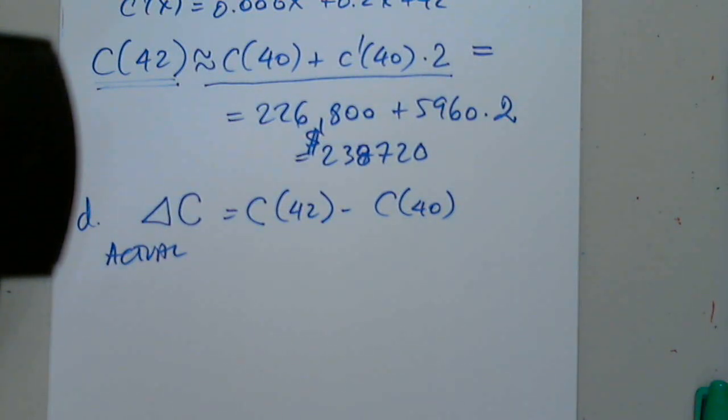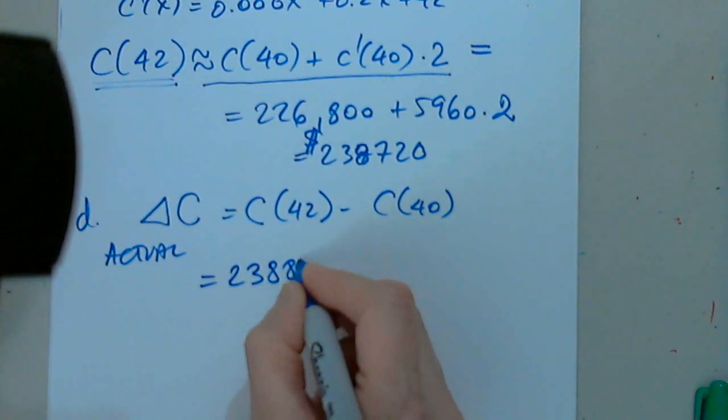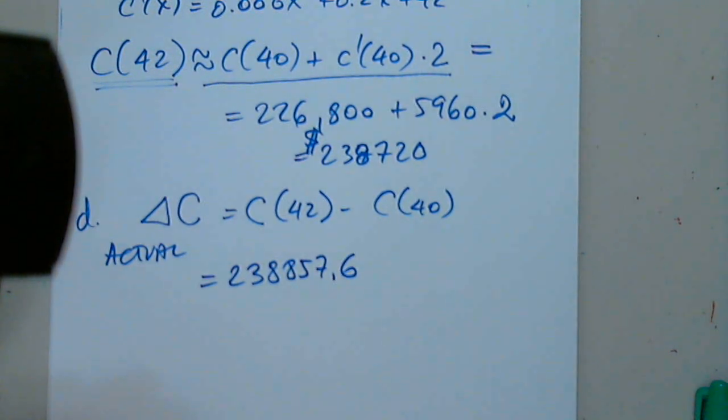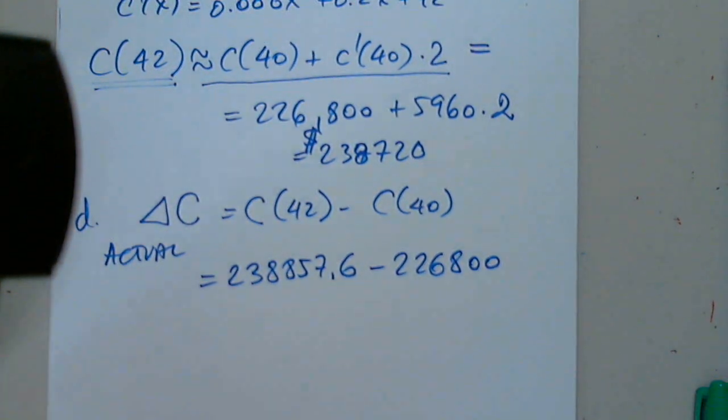It doesn't do it because I'm not where I should be. Okay, now it does it. 42. So it's this minus this. That's the actual. So at 42, we have 238,857.6 because it's hundreds. And this one was minus 2268 and 2 zeros.